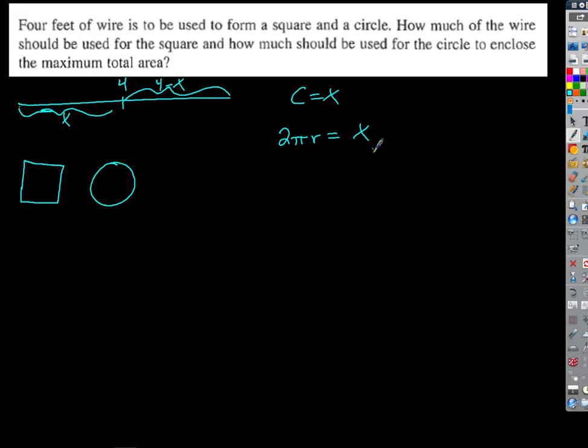So what's the radius in terms of x? X over 2 pi. So what's the area then? What's the area of a circle? Pi r squared. So area equals pi r squared, so that would be pi times that quantity squared.